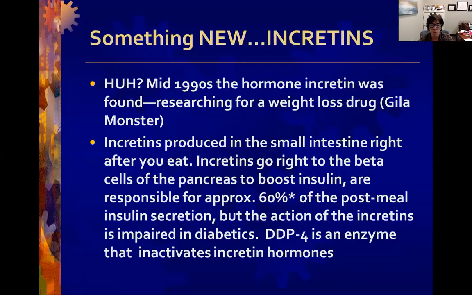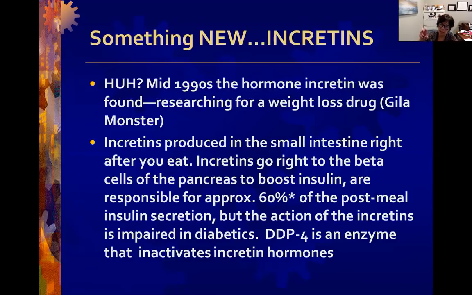So we did not discover incretins until the mid-90s. The hormone was found while they were researching a weight loss drug. Anyway, they found incretins when they were looking for a weight loss drug. So incretins are produced in the small intestine right after you eat.